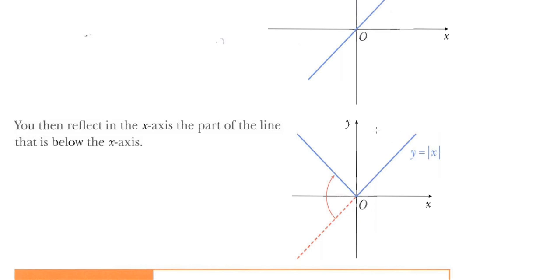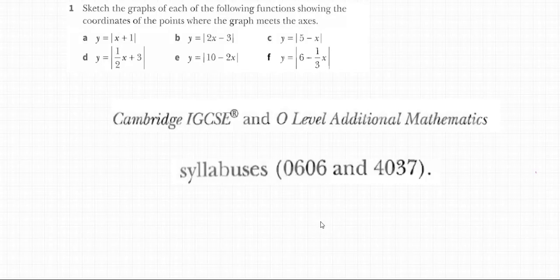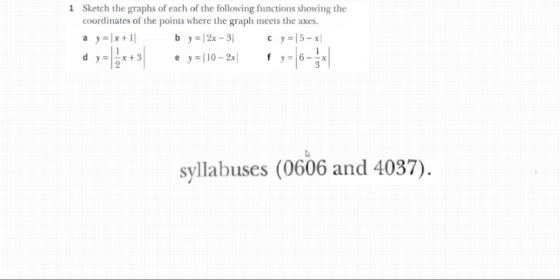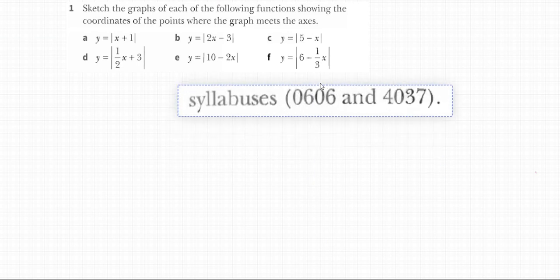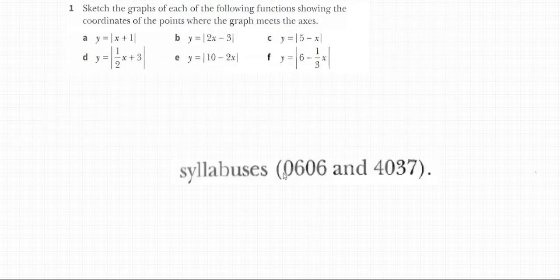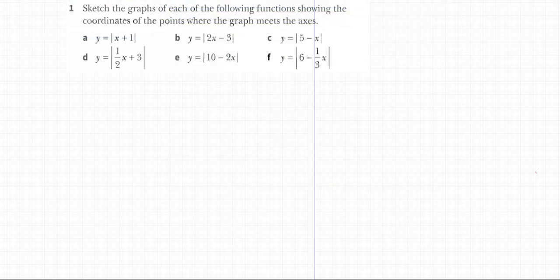Now, there are 2 points which come to our mind. The first point is that the graph of an absolute value function is always V-shaped.